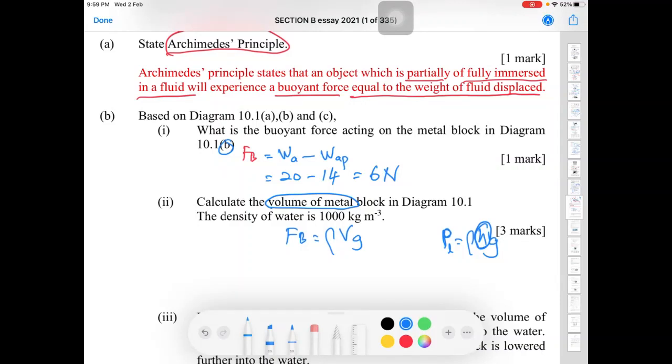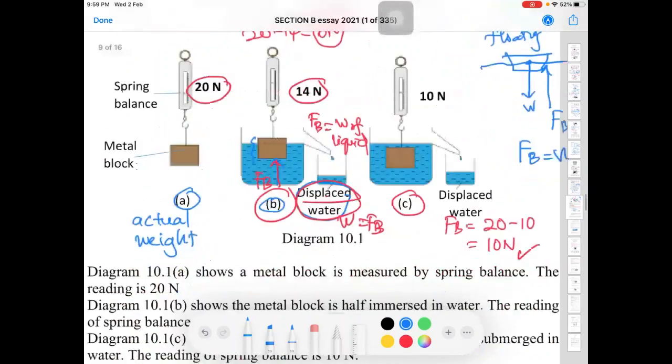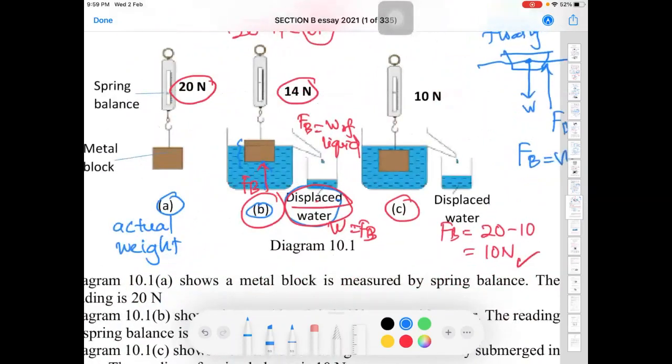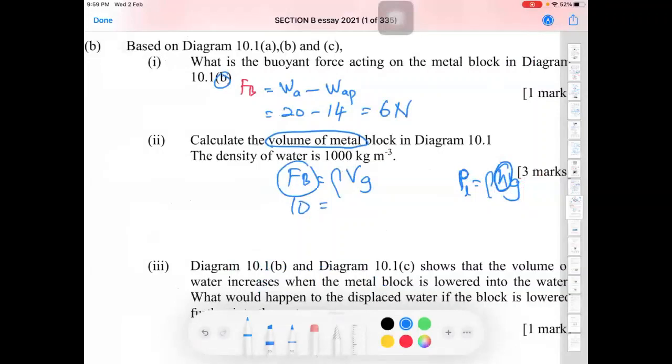So buoyant force is rho V g. Which buoyant force do you want to use, B or C? Look at the diagram again. Which one is fully submerged? Immersed wholly. So you must use C, because C is fully submerged, so you can find the volume of the metal. So you use 10. The buoyant force used is 10. Then the density is 1000, the volume is what we want to find, and g is 9.81.